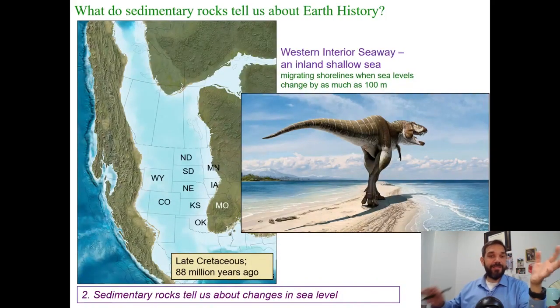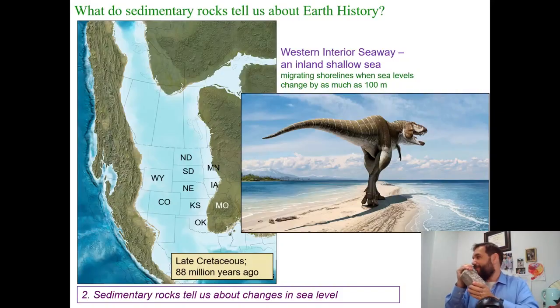But they also tell us more. Like I showed you with this hunk of limestone, almost everything I want to talk about in what we learned about Earth history is contained in this one sample, because it also tells you about sea levels. So we get to know a little bit more about what we call paleogeography: what the coastlines and continents were like, where the sea levels were at different points in Earth's history, because we can look at this and see, okay, Tennessee was underwater.